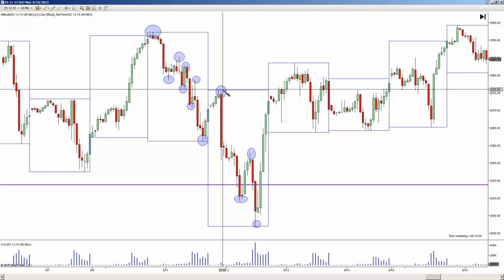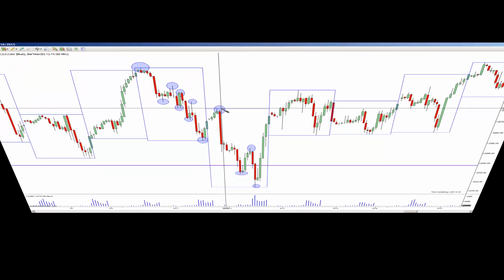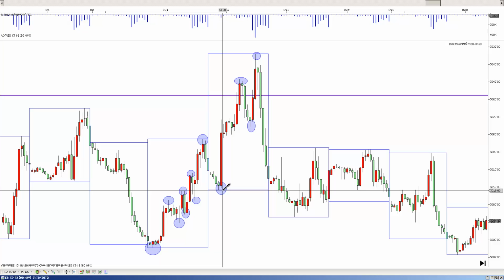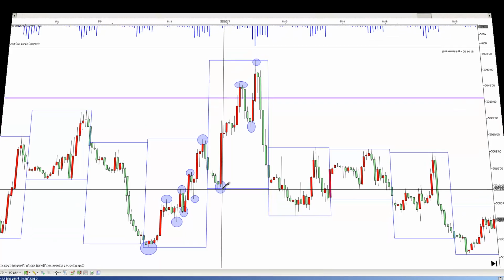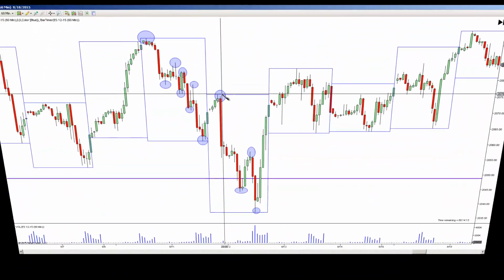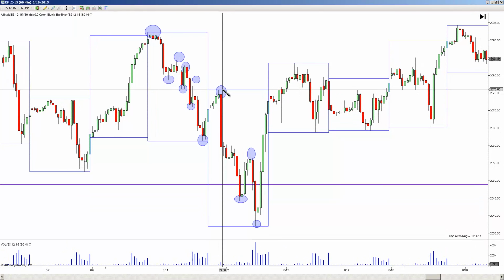You have to be able to take a look at whatever position you're about to take and say, if the market was flipped upside down, would I want to take that same position? If it was a short position, flip the market upside down, would you still want to take that position if it were a long position? It's good to be on both sides of the market because you have the most freedom and flexibility.